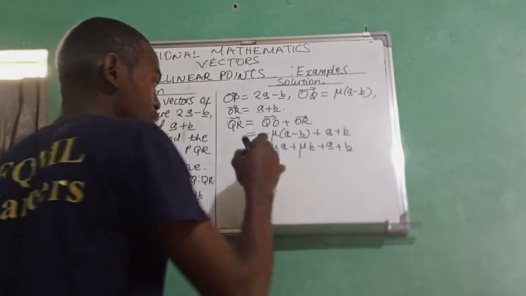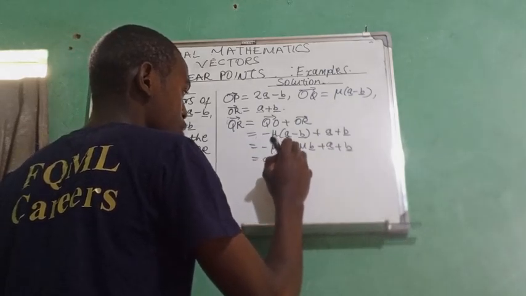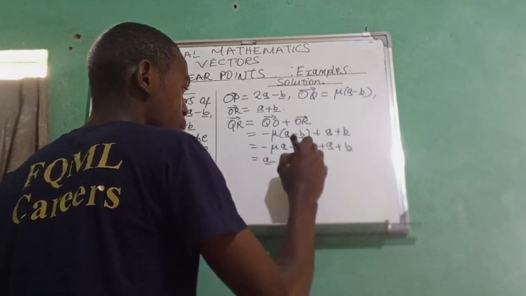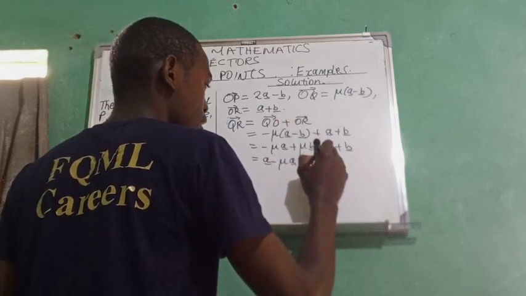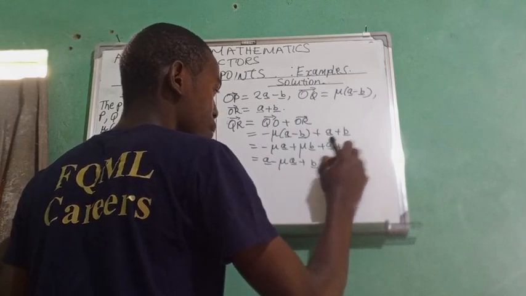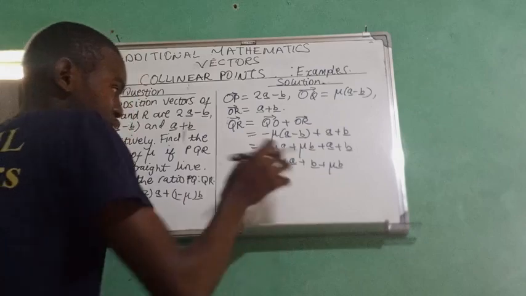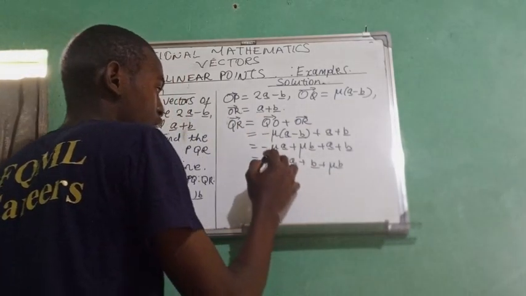And then we group like terms together. It will be equal to A minus mu of vector A plus B plus mu of vector B. And then we factor out the vectors.